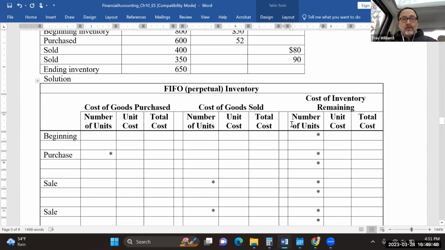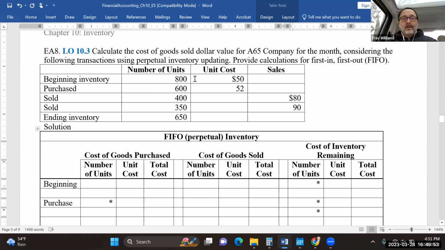We start off having 800 units of inventory that cost $50 each. So again, that's remaining inventory that costs $50 each, and that's a total of $40,000. Okay. Then we bought 600 units that cost $52 each.